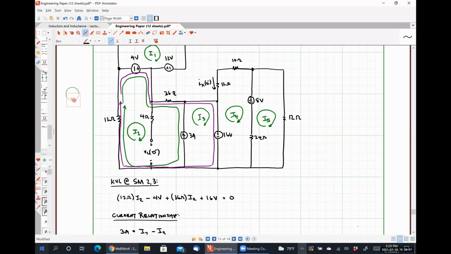How would we relate that current IX to our mesh currents? It would be negative I4. So IX at 0 minus would be negative I4. I absolutely agree with that.